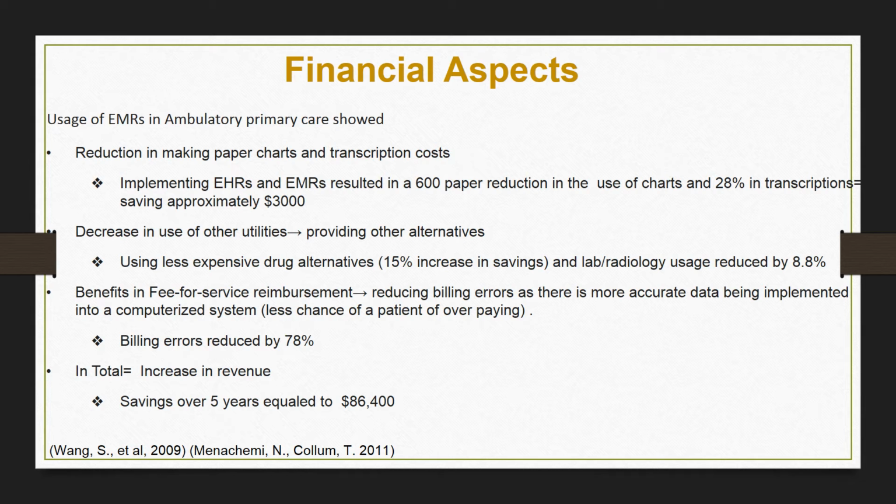We have seen that billing errors actually were reduced by 78% because of an EHR accuracy rate. In total, there was an increase in revenue as the EHR saved the hospital $86,400 over a 5-year span.